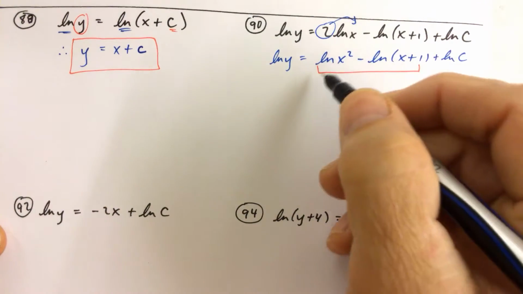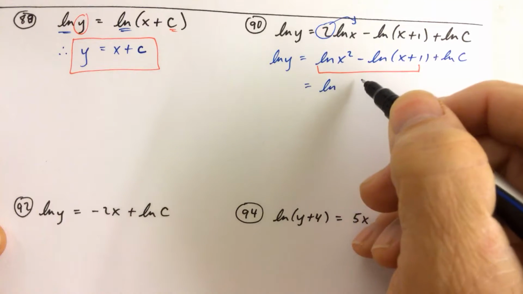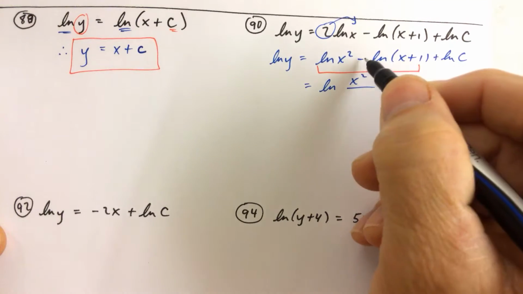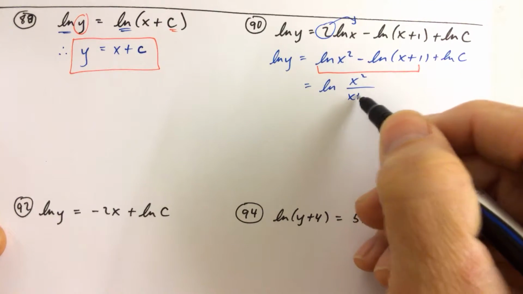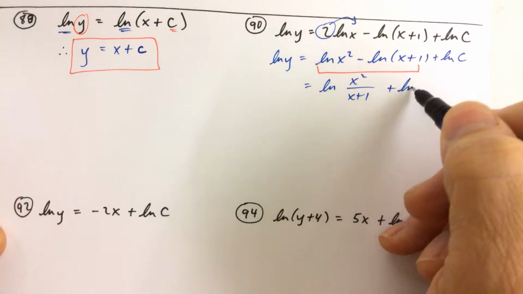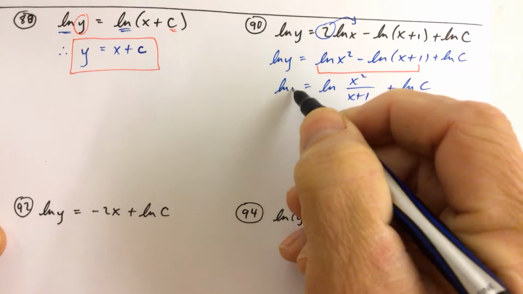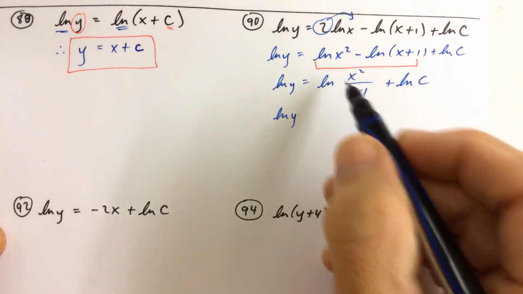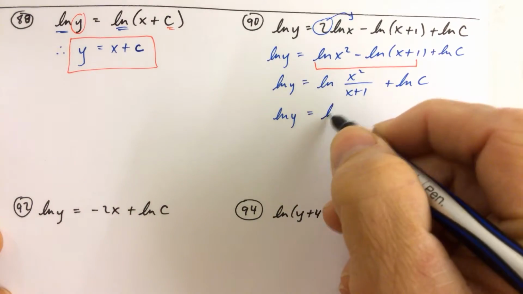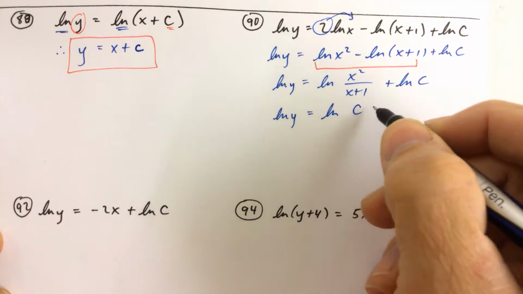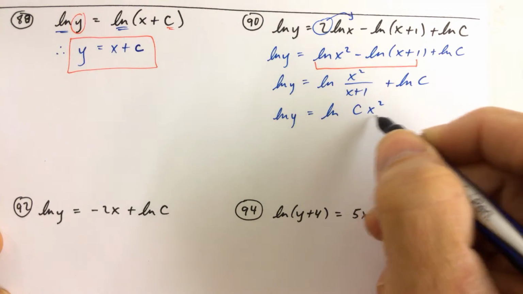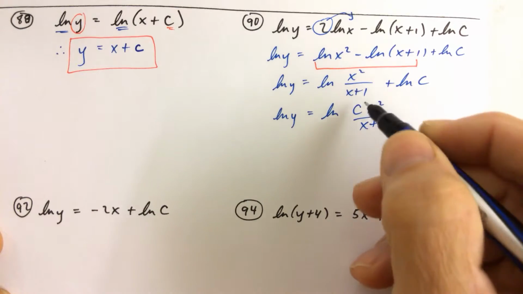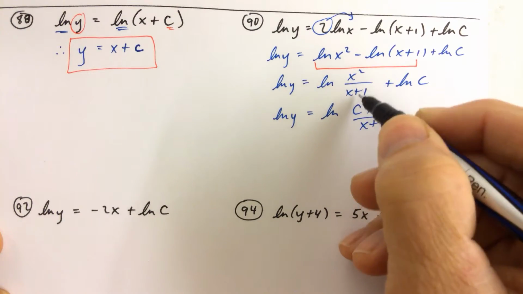So we have the difference of logs, which means we have the log of the quotient. Then we still have that plus ln of c, and keep in mind we have the ln of y over here. Now we have the sum of logs, and when we have the sum of logs, we have the log of the product: c x squared over x plus 1, so it's c times this fraction, or this fraction times c.